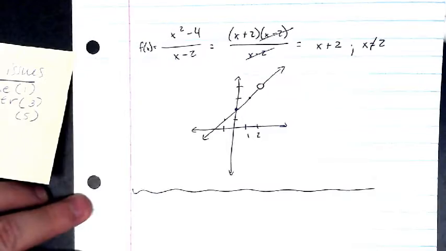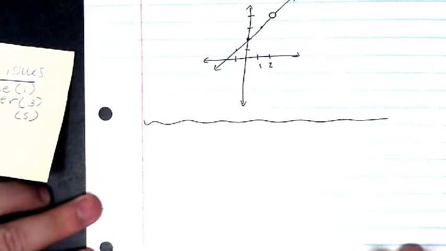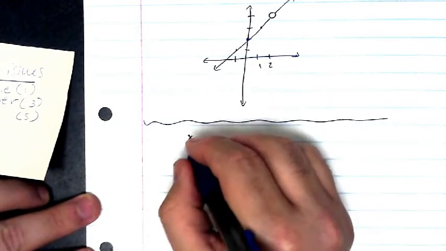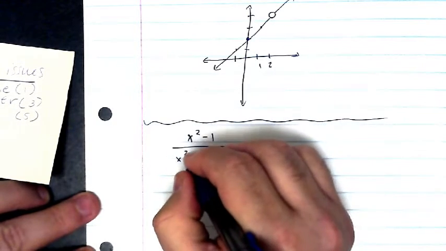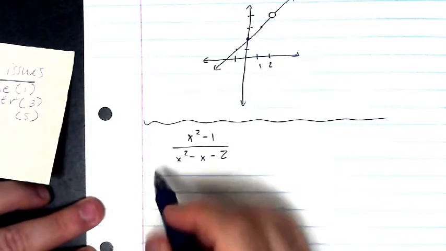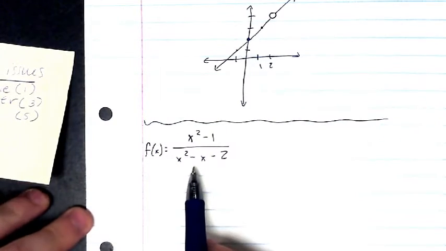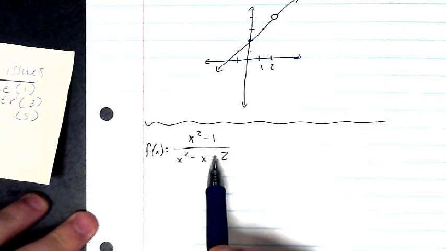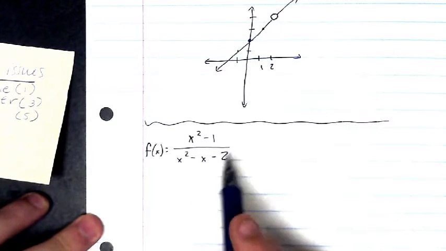So let's take a look at another one. So here we have another function. We need to check to see if this is factorable, to see if anything can be reduced.